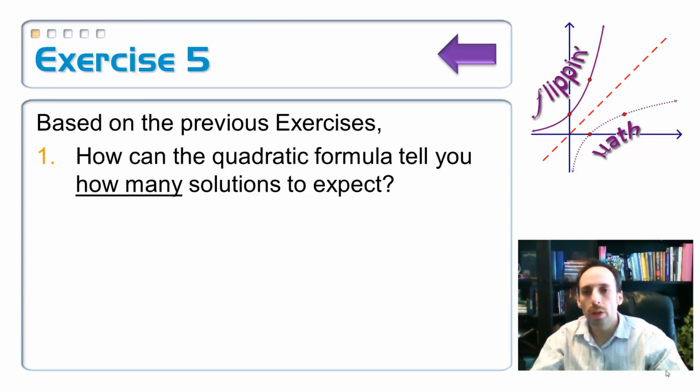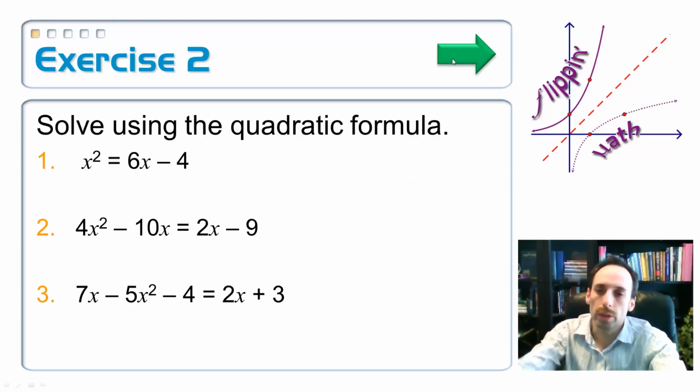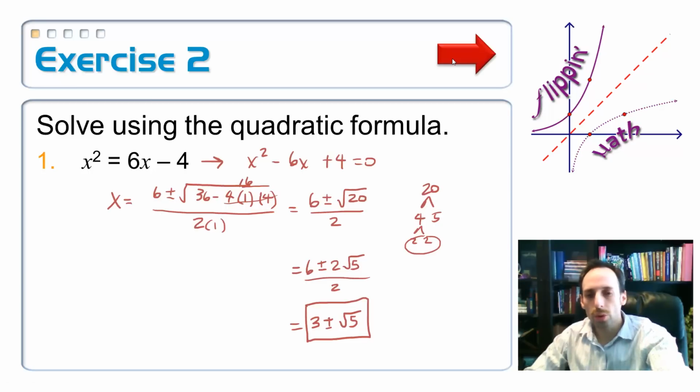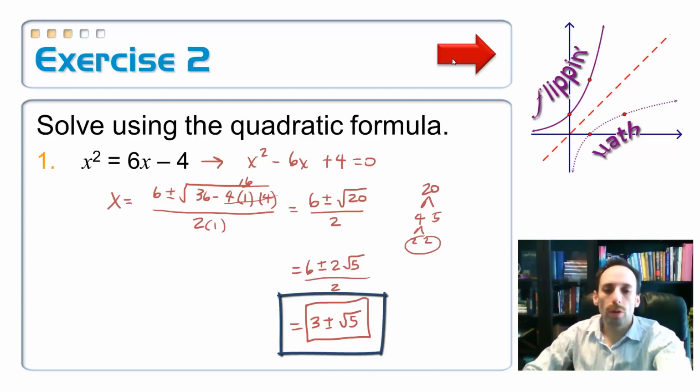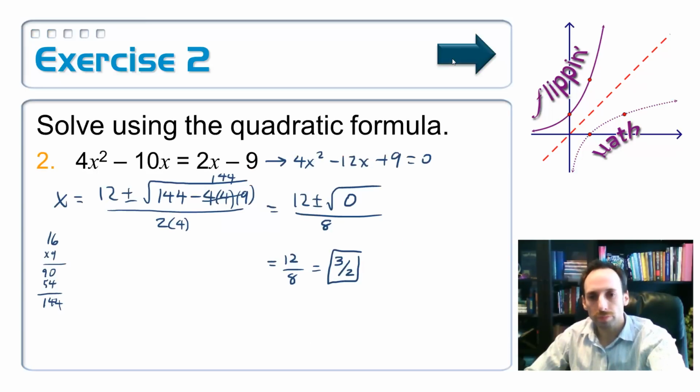So the first one, how can that quadratic formula tell us how many answers to expect? Let's go back in time just a little bit. Back here on exercise 2, we had 3 of them to test our knowledge of the quadratic formula. Here was the first one. Answer to it was 3 plus or minus the square root of 5. Notice there are 2 answers there, 3 plus the square root of 5 and 3 minus the square root of 5.